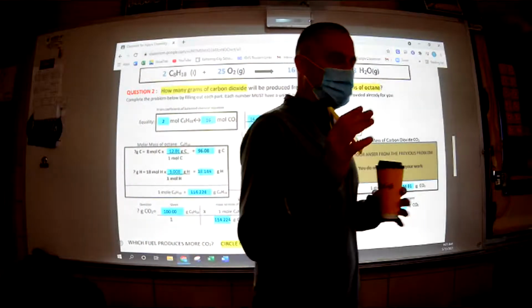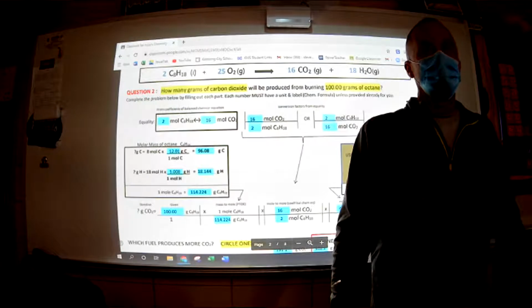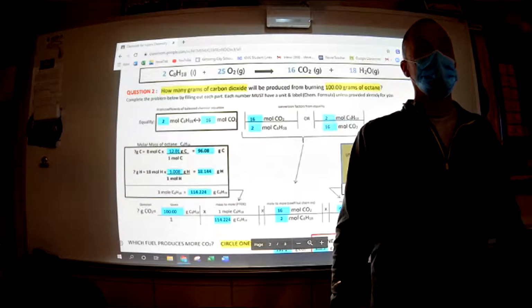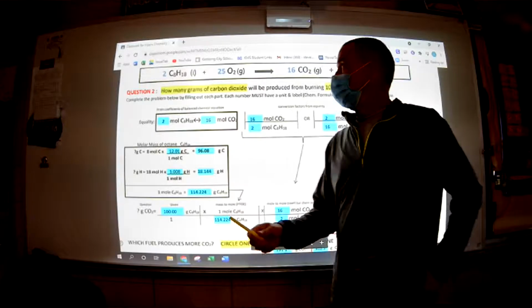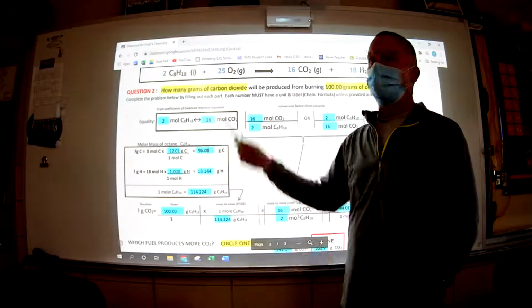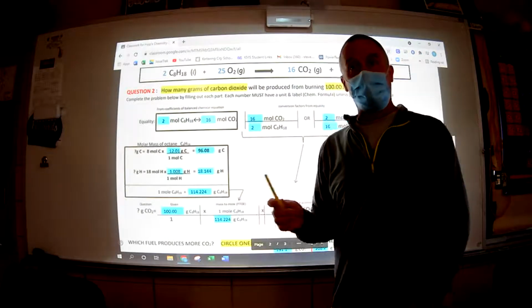When we put masses of reactants together, we don't always put them in what we consider to be mole equivalents, meaning we may not always want to react 2 moles of this with 25 moles of that. That is the ratio they join at.